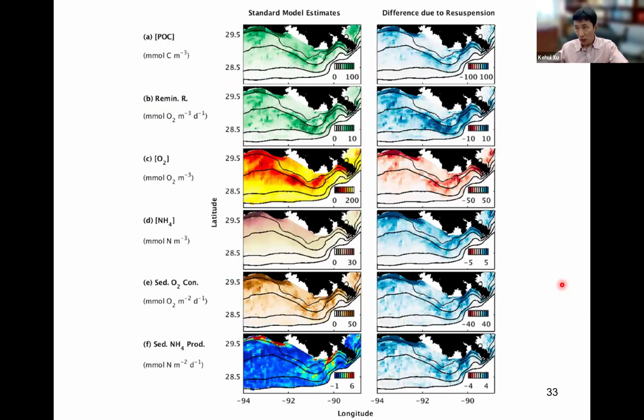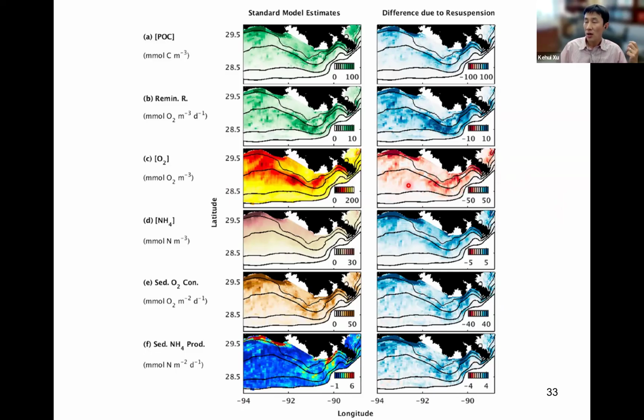So here is the modeling result. I have lots of panels here. Due to limited time, I won't be able to talk about the details, but I would like to draw your attention to the third panel, third row over here. This is a standard model run without the coupling, and this is the difference due to the sediment resuspension.